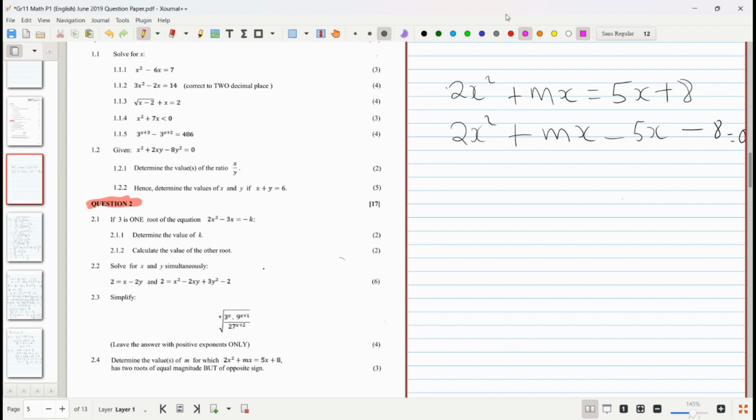Moving forward, we know that our bx has to equal 0 for us to have roots of equal magnitude but opposite signs. So this has to equal 0.